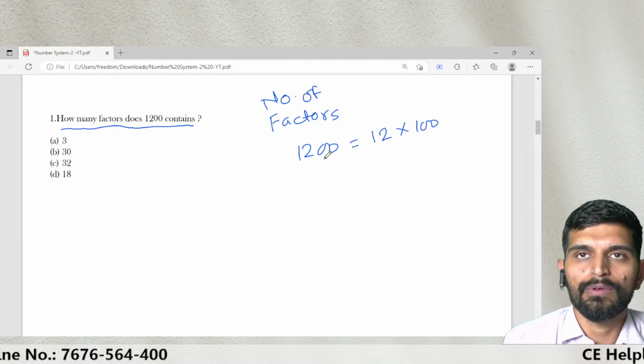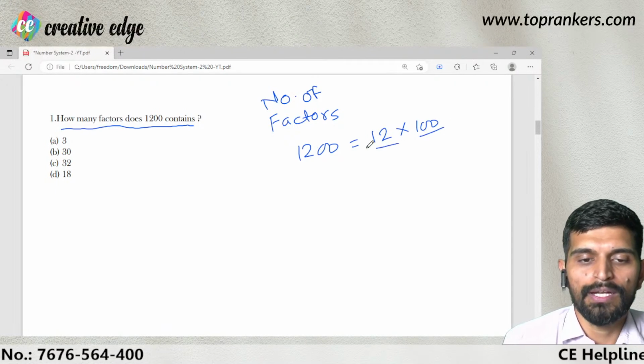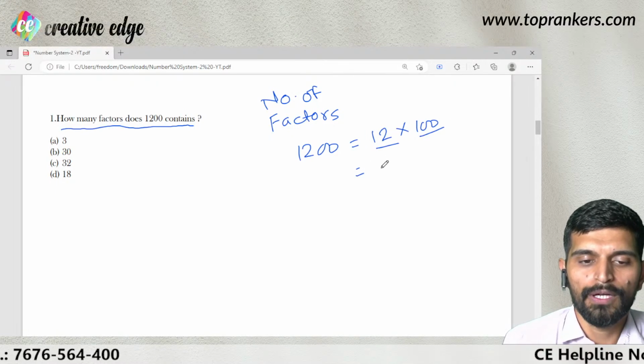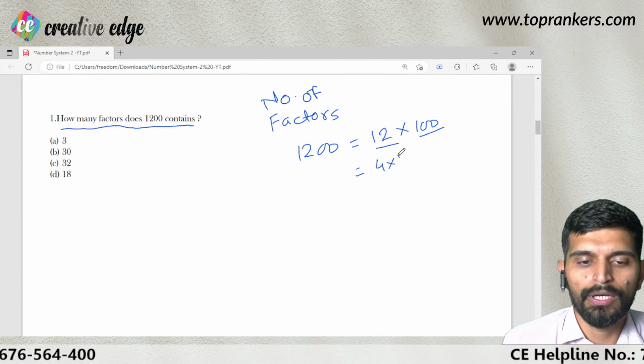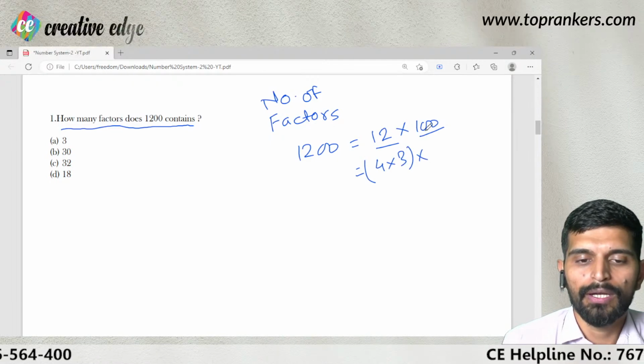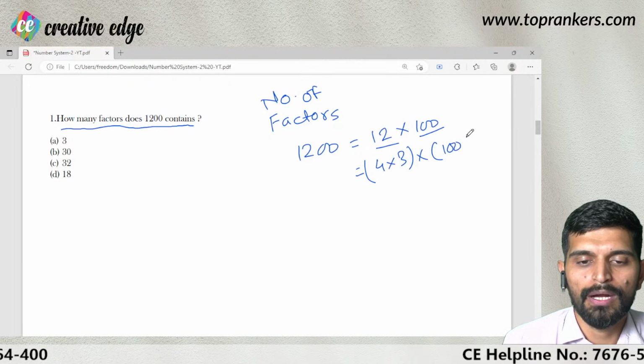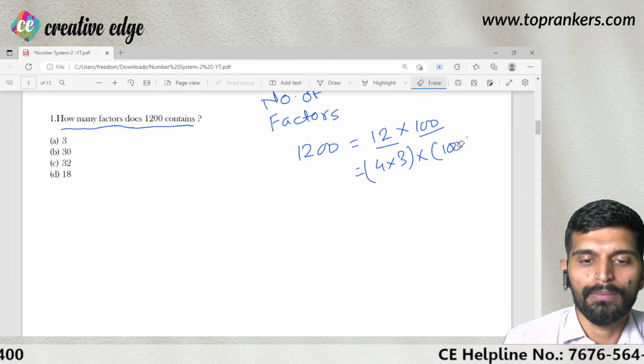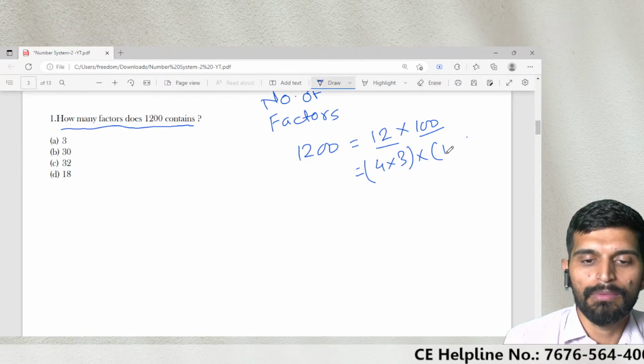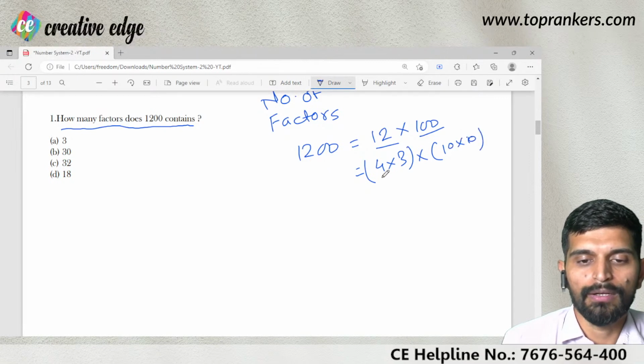So I have split this 1200 as 12 into 100. Further, 12 can be broken as 4 into 3, and 100 can be broken as 10 into 10.